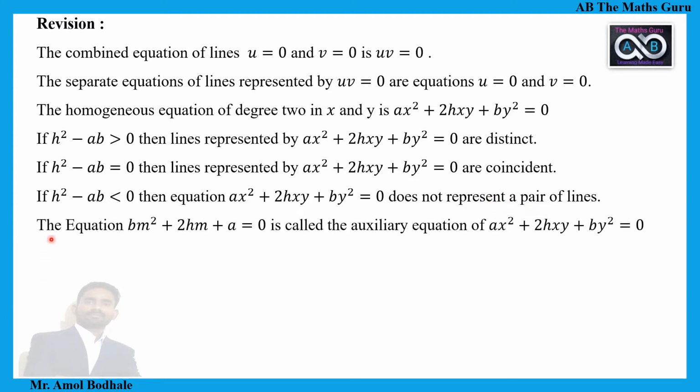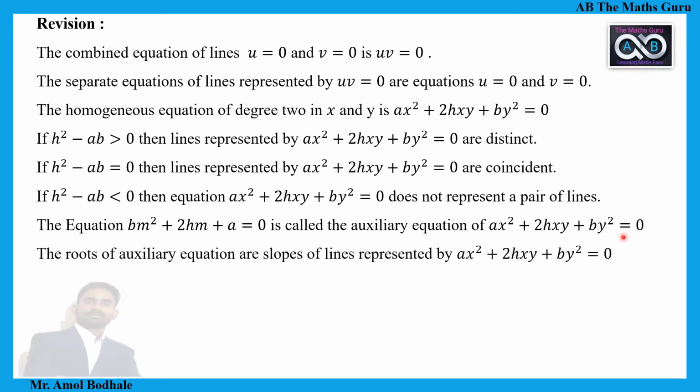The equation bm square plus 2hm plus a equal to 0 is called the auxiliary equation of ax square plus 2hxy plus by square equal to 0. The roots of the auxiliary equation are the slopes of the lines represented by ax square plus 2hxy plus by square equal to 0.